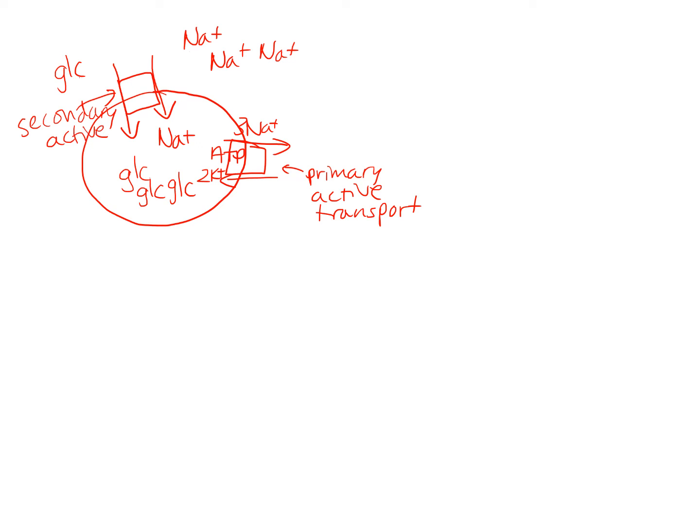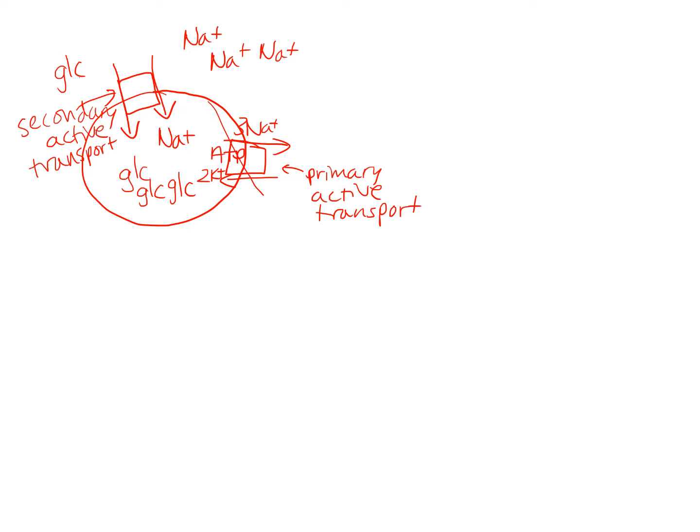And the other thing that we don't see in our picture with secondary active transport is that we don't have any ATP that we're using here. So we're going to be indirectly using energy because we had to use energy over here with primary active transport to establish our sodium concentration gradient, but we're not directly using ATP with our pump here on secondary active transport.